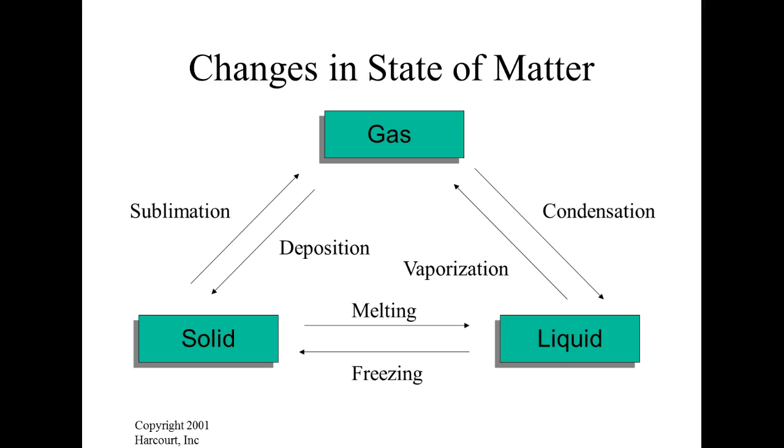So for example, if I take gas, which is like gaseous water, like you feel humidity on a hot day, and you have a nice cold drink on the patio, and you see all those beads of water on the outside of that, that's the gaseous water vapor changing to a liquid water, and that's called condensation.